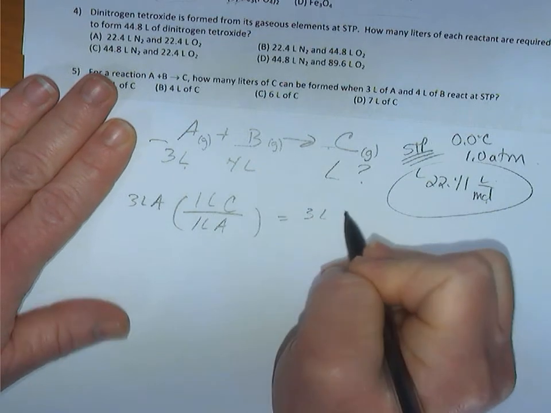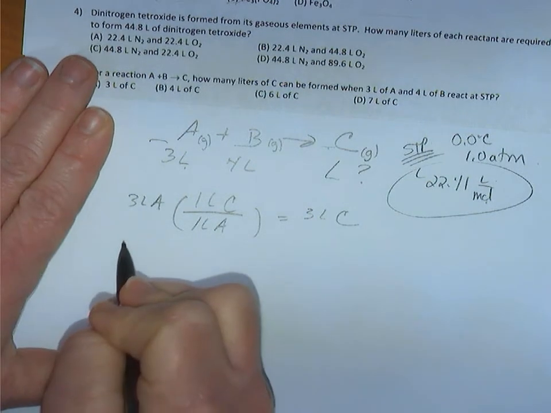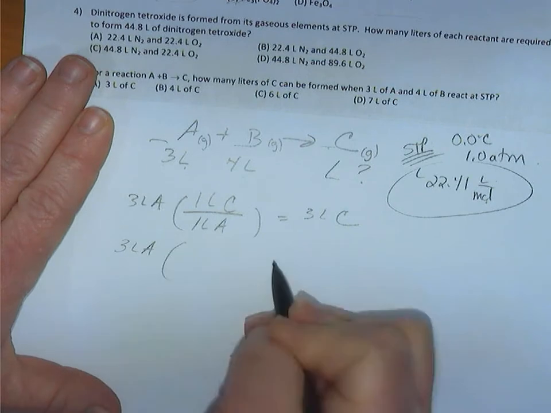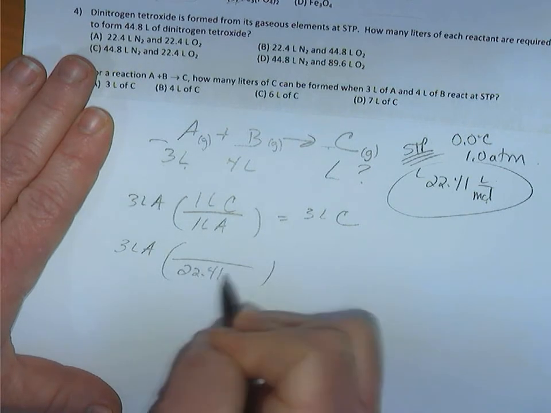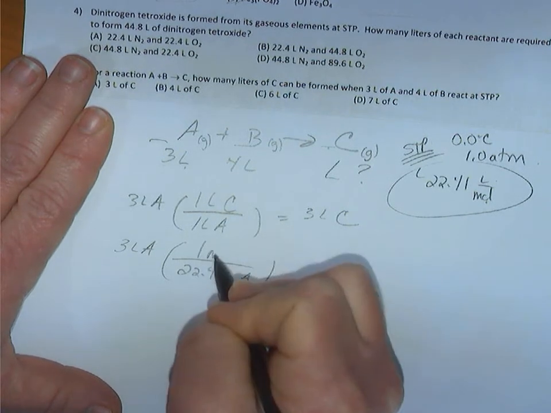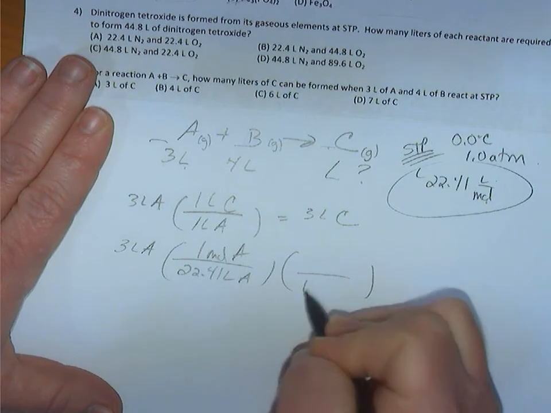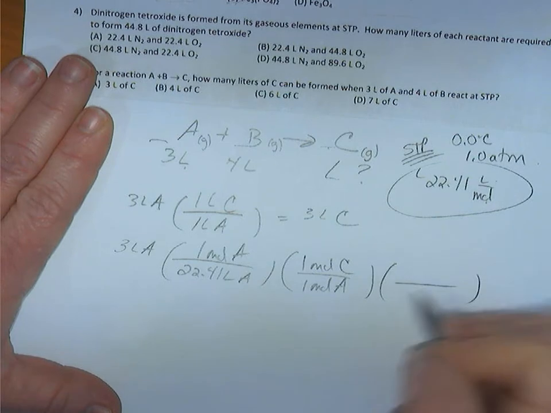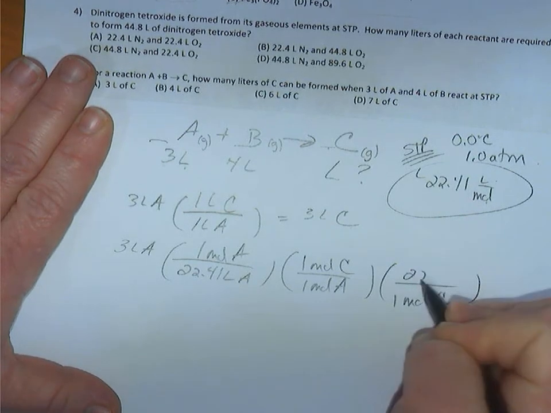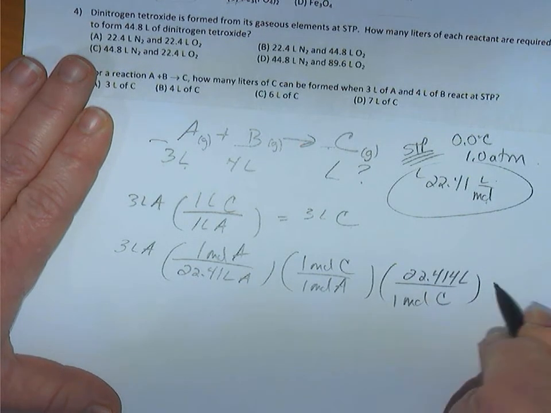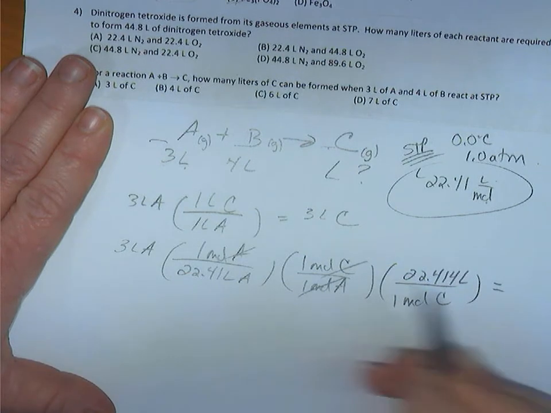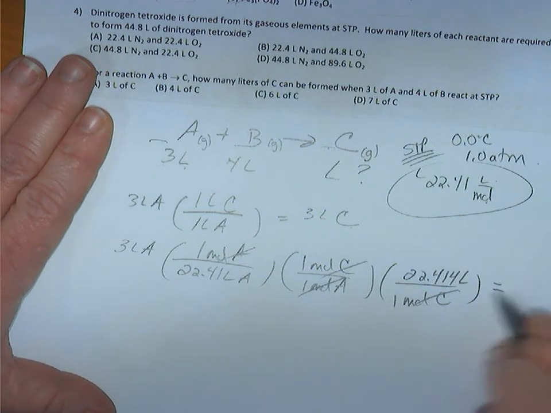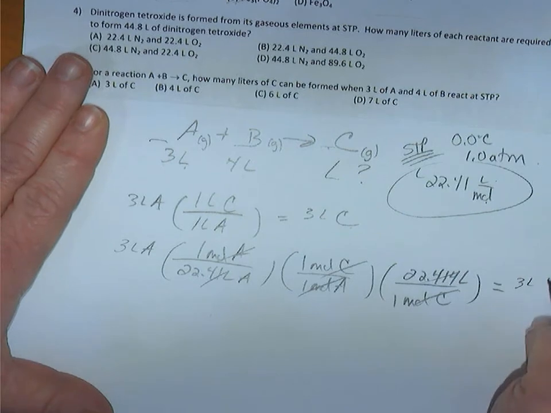Now I could say molar volume: for 3 liters of A, there's 22.414 liters of A in every 1 mole of A, and for every 1 mole of A, it will be 1 mole of C, and then 1 mole of C is 22.414 liters at STP, and we can see that we'll get the same value.